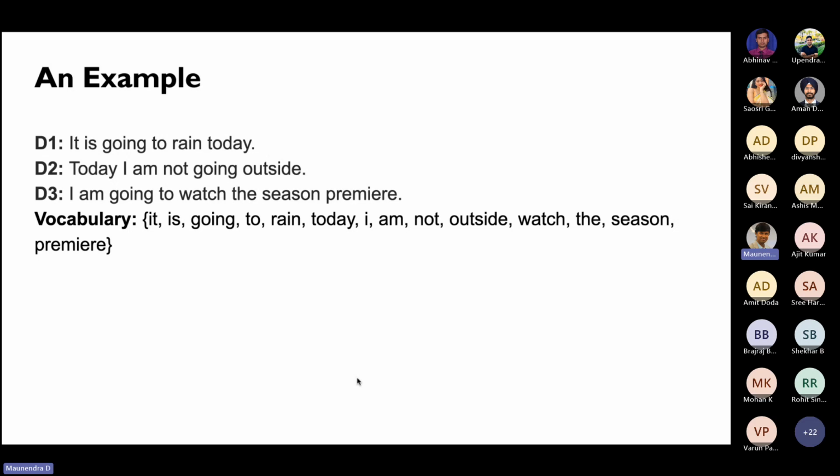So anyone else with any other observation? And sir, we are only considering the verbiage here. We are not considering the exclamation marks, commas, and the other punctuation. Okay, so the punctuation, we are ignoring.